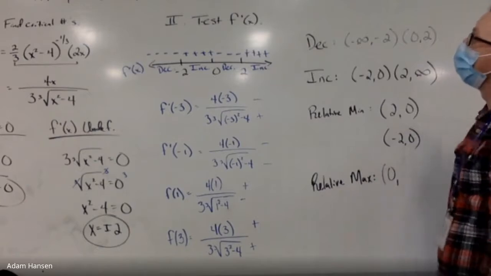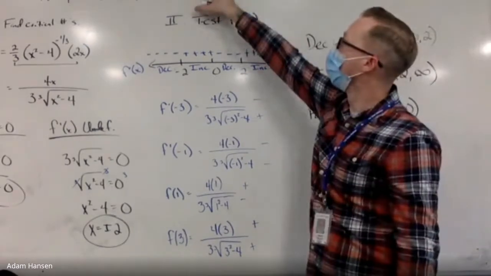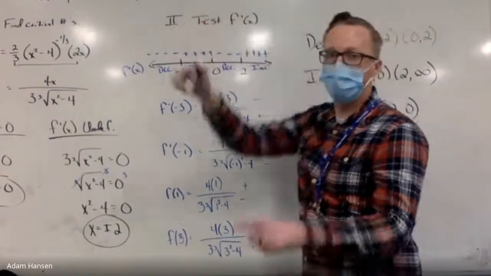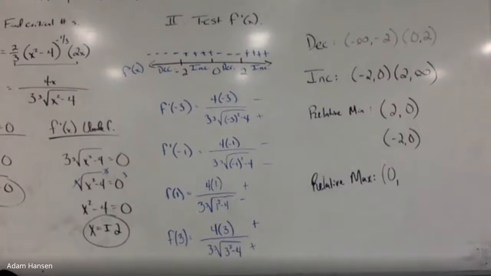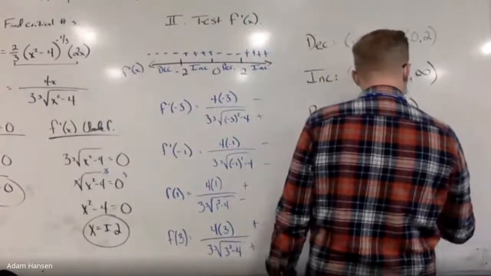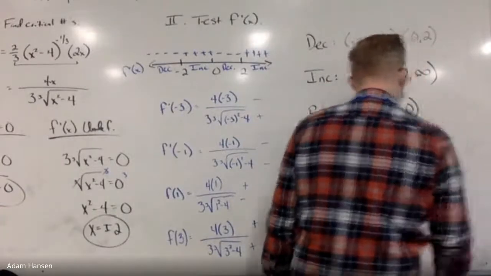What is that? 0 squared is 0. 0 minus 4 is -4. What is -4 to the 2/3? That's going to be some random decimal. 2.52, approximately.